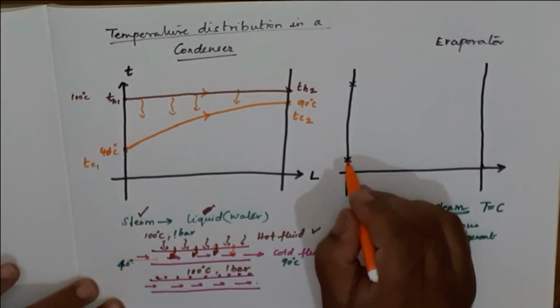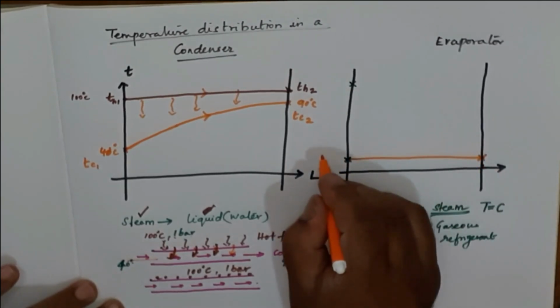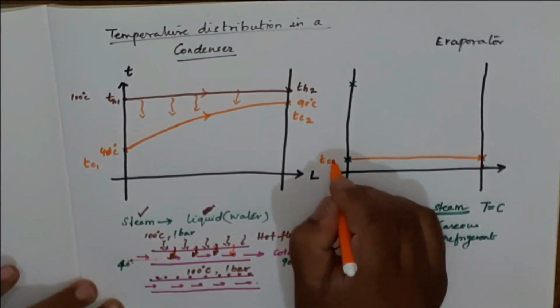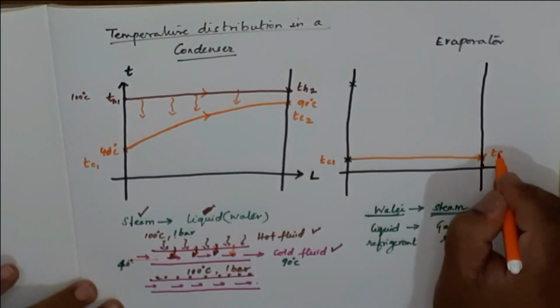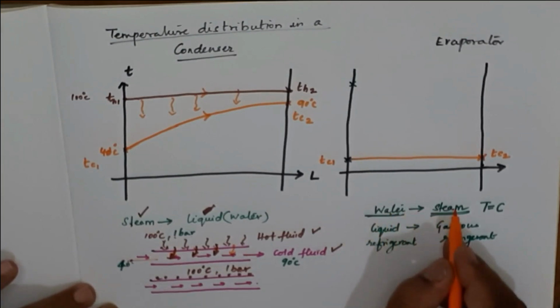Its temperature is going to remain constant. TC1, TC2. This is the cold fluid because it's water. The energy is less, and after converting to steam the energy is more. It has absorbed the latent heat.